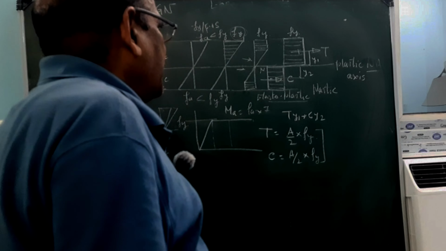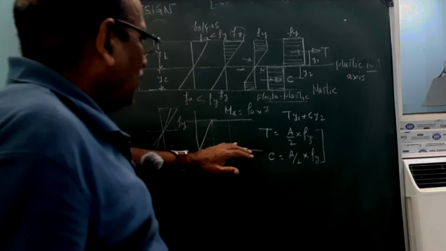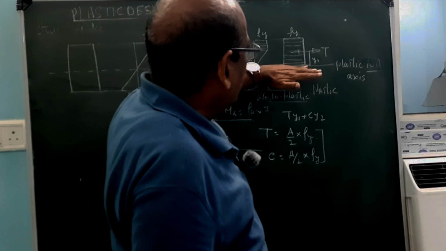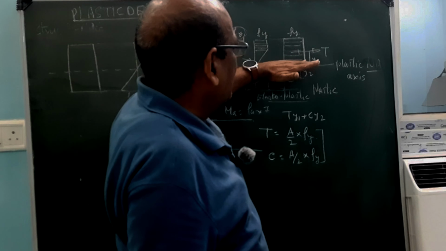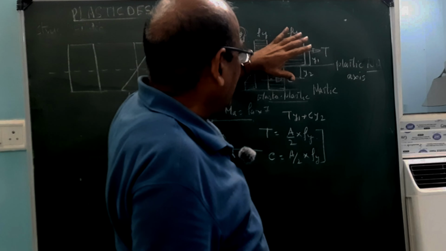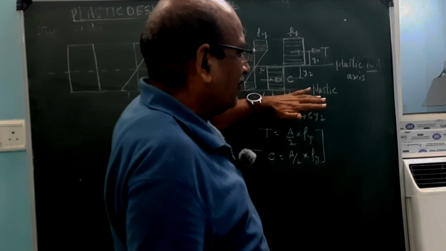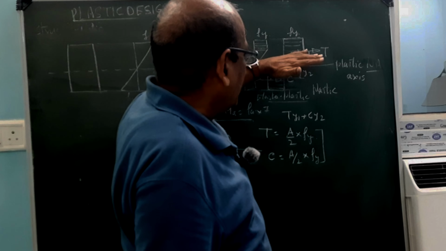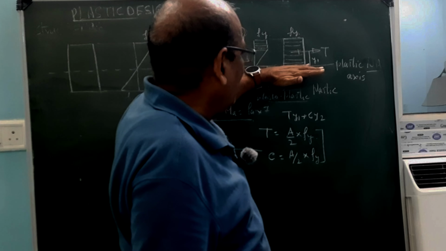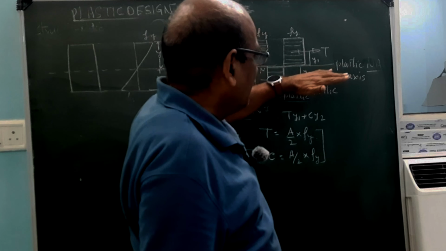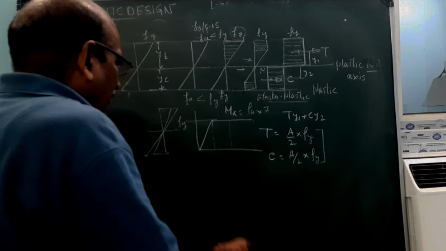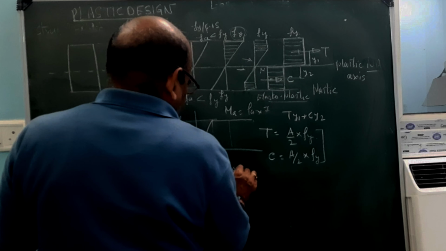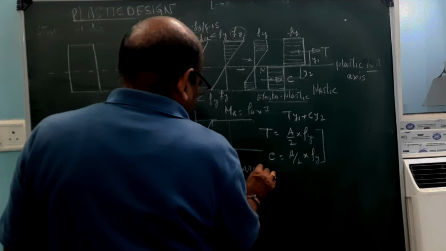So for T and C, both portions are divided in half. The total area of the section is divided in half. That stage in which the area is divided in half, that line is your plastic line, called the equal area axis.